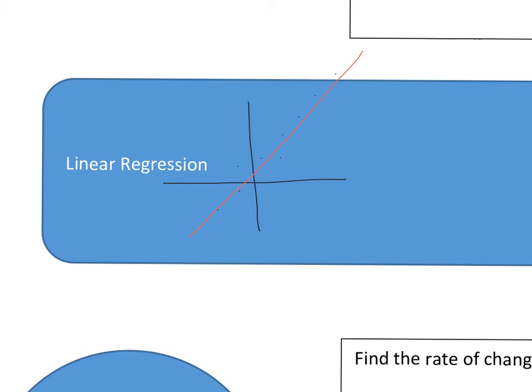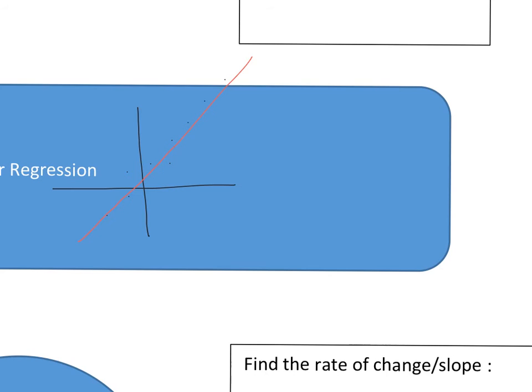So we can use our calculator. To do it in your calculator, remember we used the button Stat, then we went to Edit, and we put numbers into our L1 and L2. L1 were our x values, and L2 was our y values.